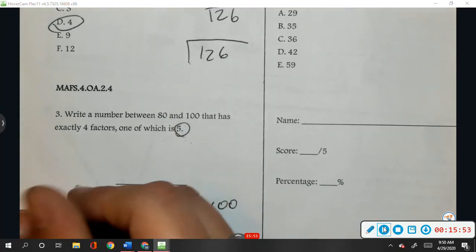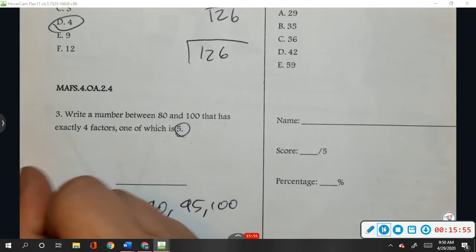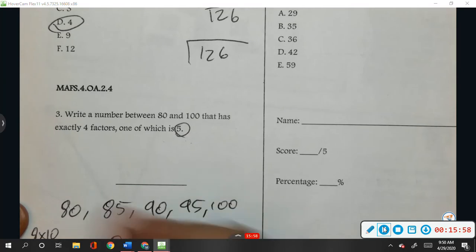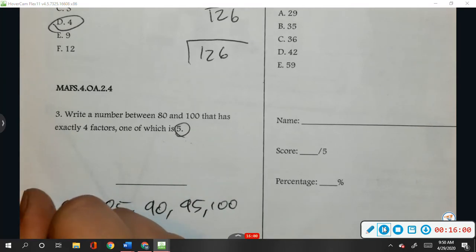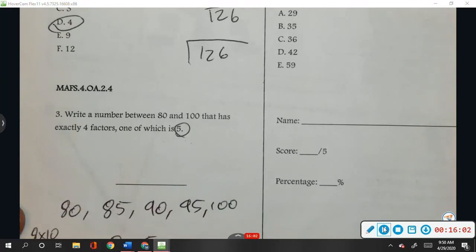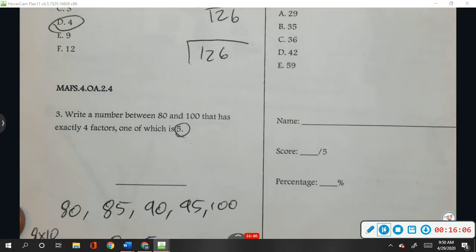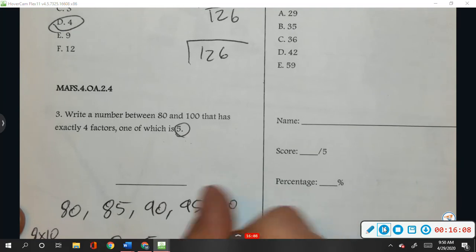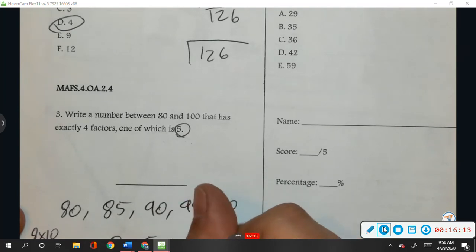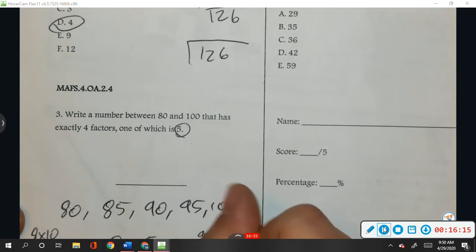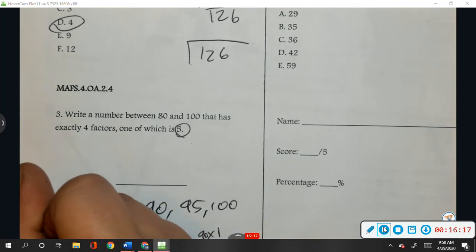So 80 has 8 times 10, and then 2 times 40. 90 would have 3 times 30, and 9 times 10, and 90 times 1. This would have 80 times 1.